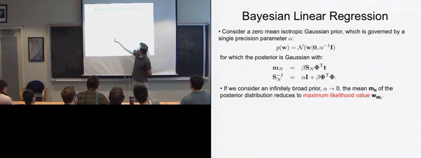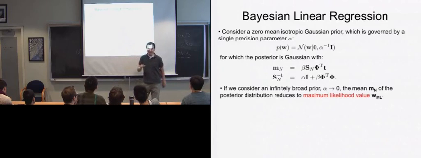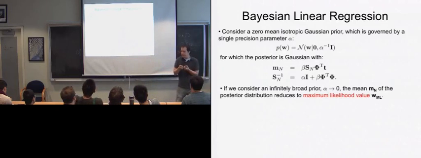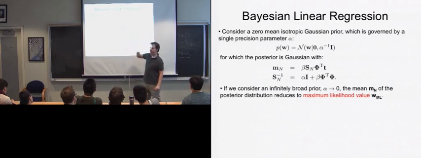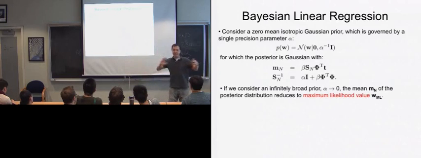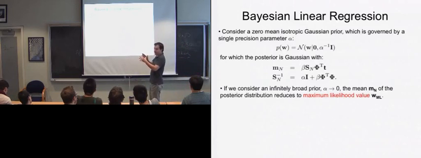And one interesting thing happens here. If you consider alpha going to 0, which basically means that your variance becomes very big, so you have very, very small precision, or in other words, your prior variance becomes very large, then the posterior distribution reduces to the maximum likelihood estimator.